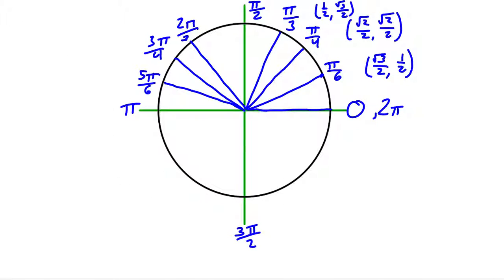Now, let's say we have some sort of a radian measure. We're going to convert this to degrees. So, let's say we have pi over 5 radians. We want to convert this to degrees. We're going to use a conversion factor. So basically, we're going to multiply this by 1 and end up with degrees.